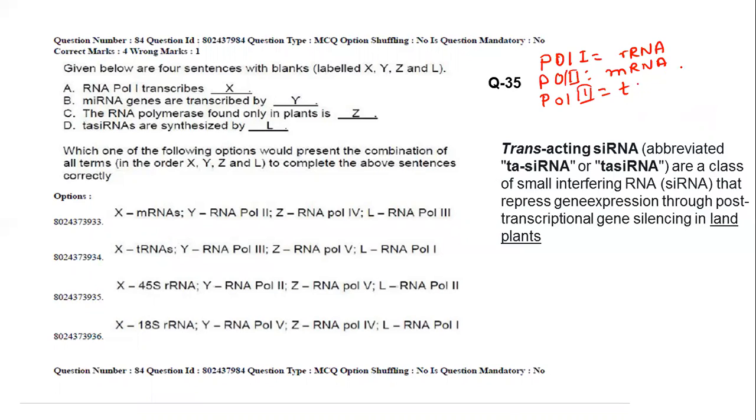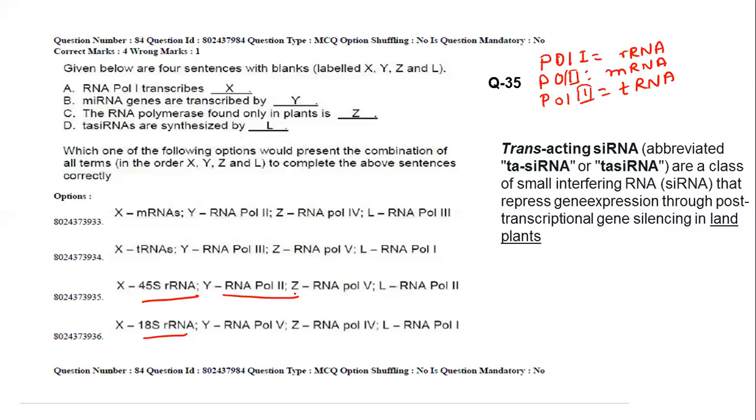This is basic, but pol 1 transcribes 28S, 5.8S and 18S rRNA, right? Now miRNA genes are transcribed by RNA polymerase 2.